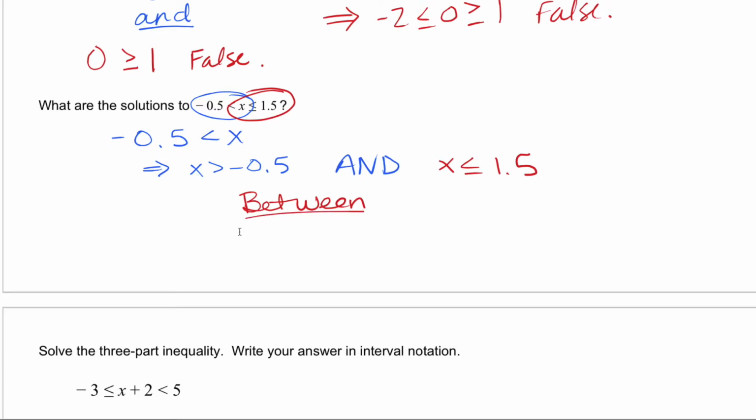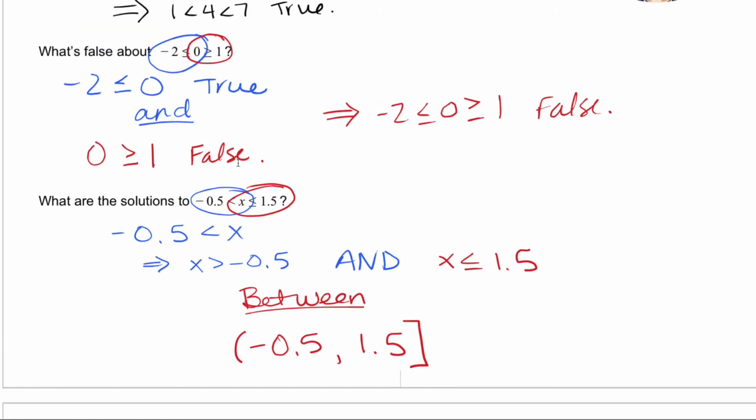And what are the solutions? Well, we start at -5/10 and go up to 1 5/10, including that, because it could be equal to. So it's about this between idea. And again, we aren't going to see this mixed inequality symbol in a true three-part inequality or compound inequality.